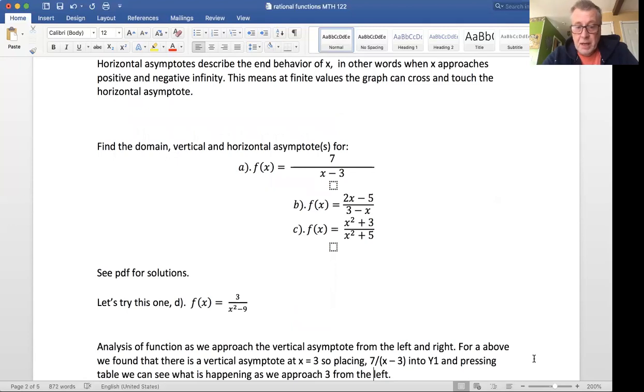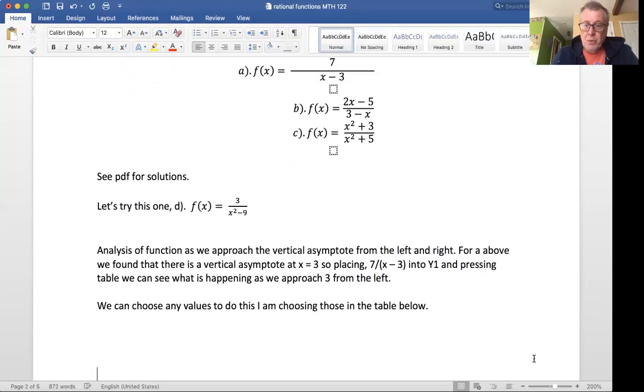So if we look at 7 over x minus 3, the domain is every place except x equals 3. Since we have no way to reduce that out, we end up with a vertical asymptote at x equals 3.